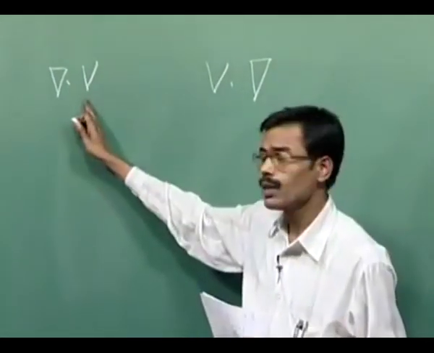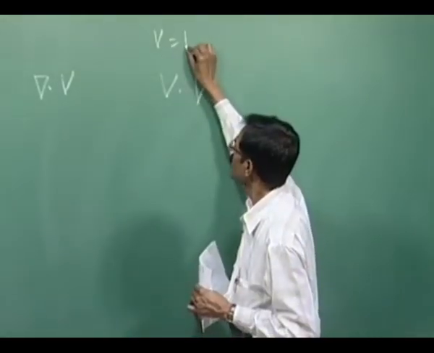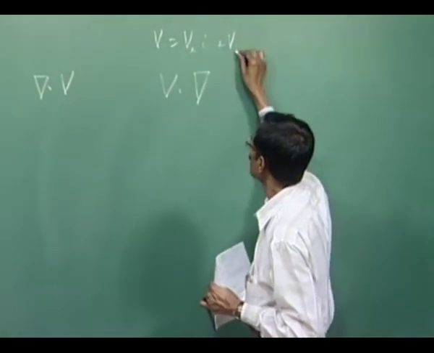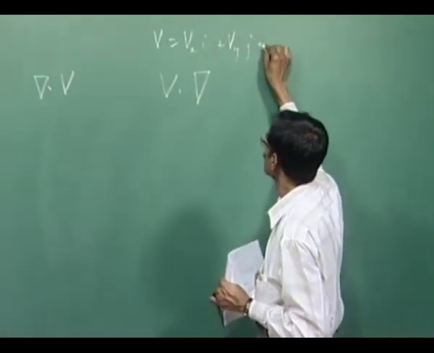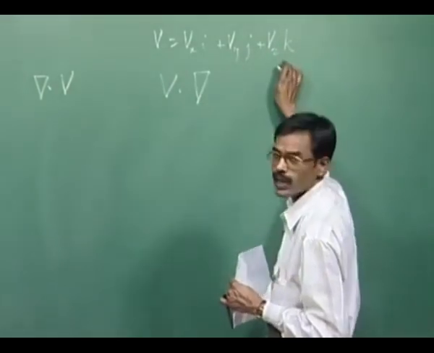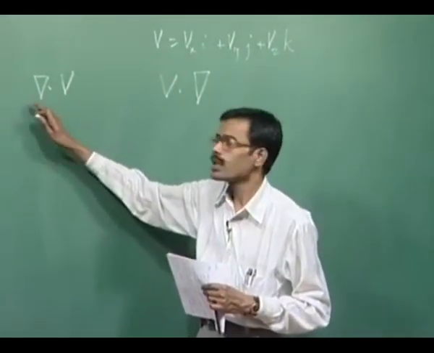You see, v is a vector which is vxi plus vyj plus vzk. Now, v is a vector quantity, this del is a vector operator. It is also a vector.